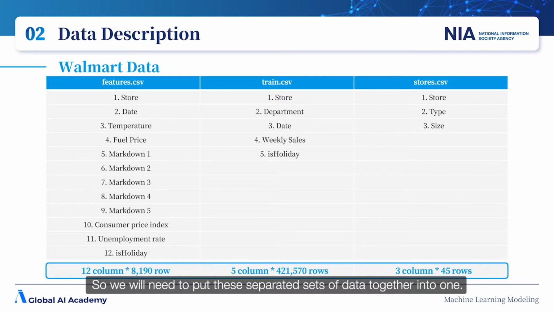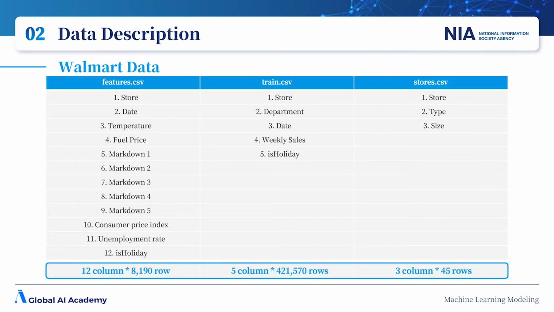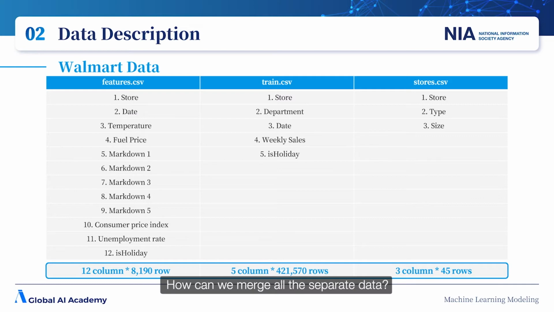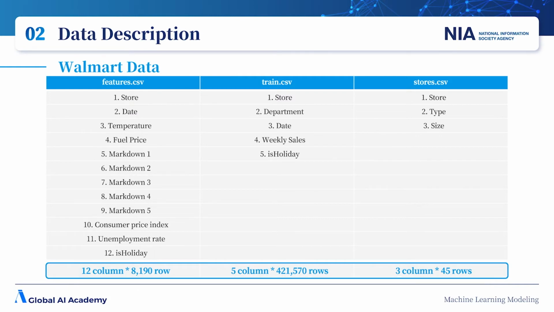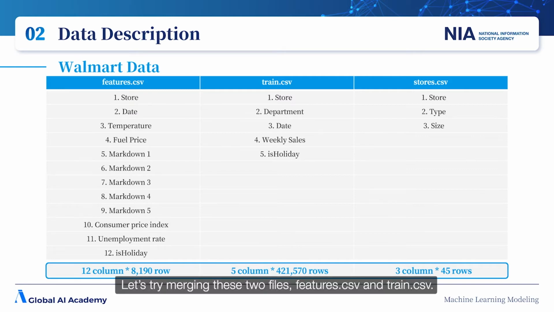So we will need to put these separated sets of data together into one. How can we merge all the separate data? With what key value can we make them as one as if they had always been one? Let's try merging these two files, features.csv and train.csv.